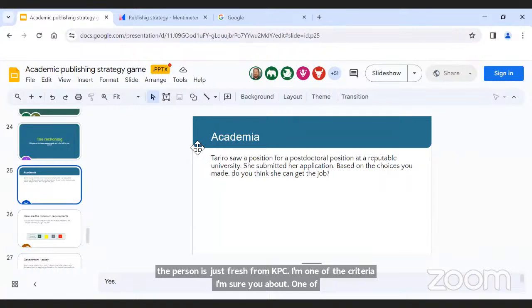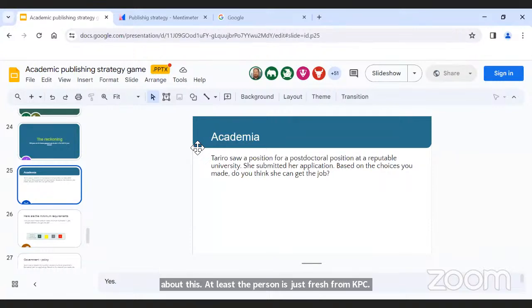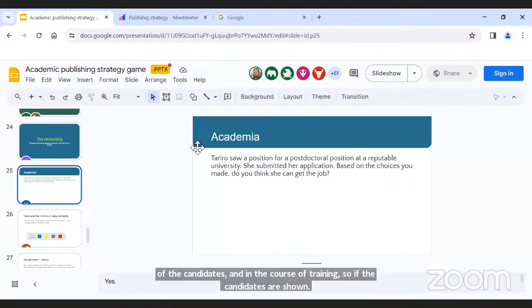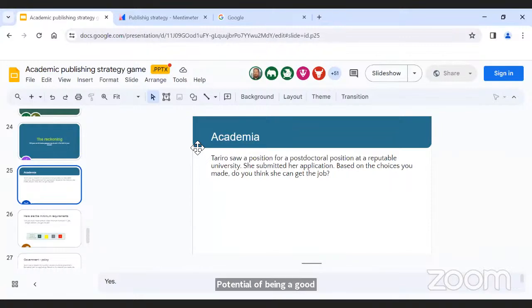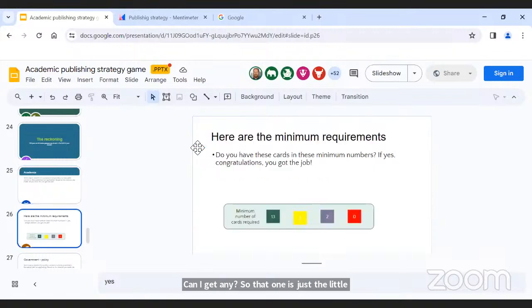So if the candidate has shown potential of being a good writer by even contributing to a review, that should account for opportunity in academia, like getting a postdoc position. So that is the little bit of area that was a little confusing, that with all the write-up, it did not account for getting into a postdoc position.